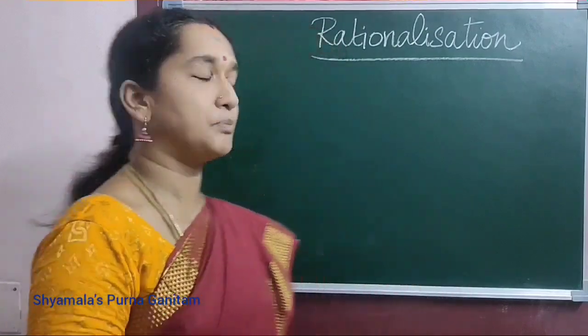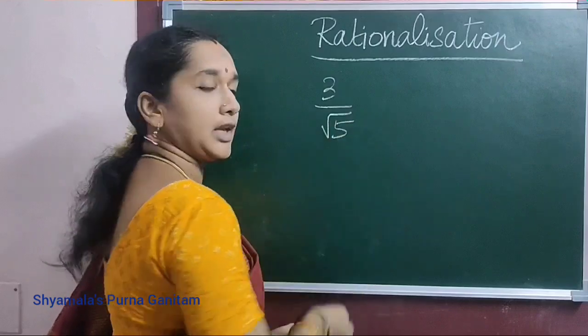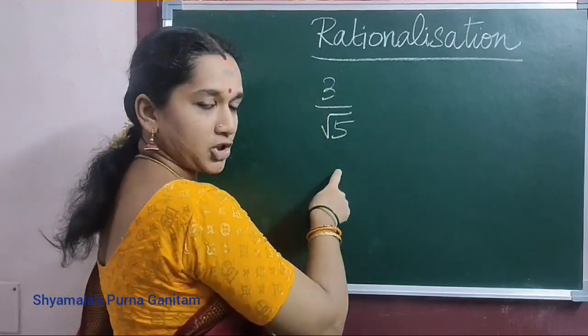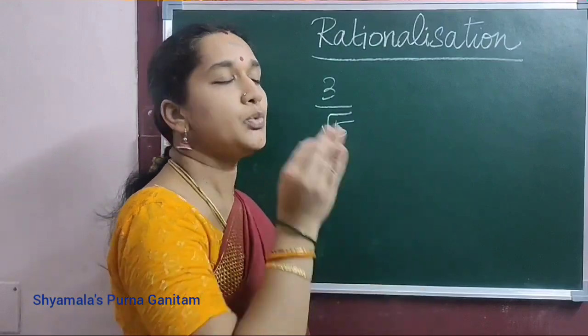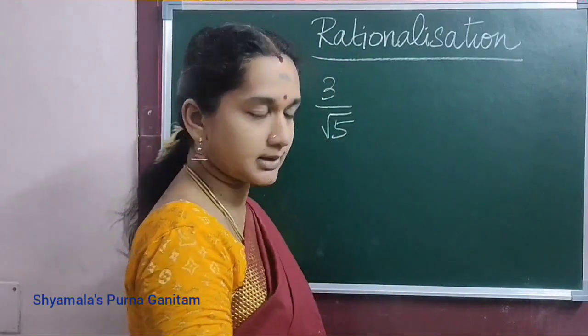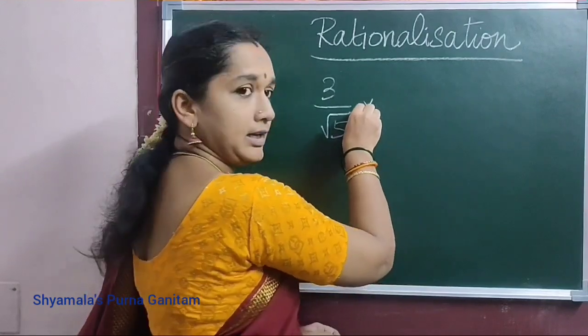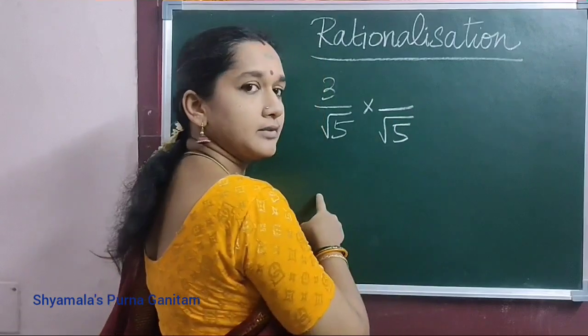For example, if you take 3 by root 5, this is a fraction and this root 5 is an irrational number. If we are asked to rationalize this, we have to multiply by the same irrational number.